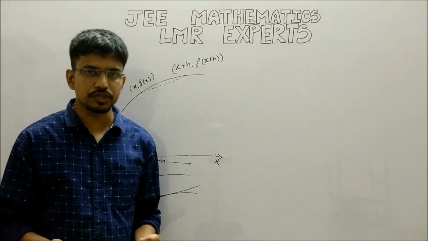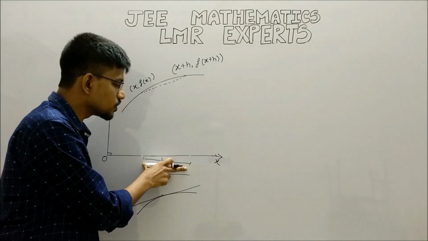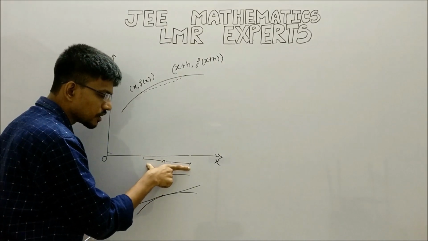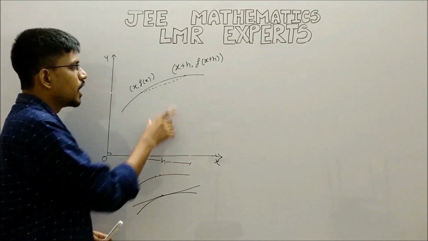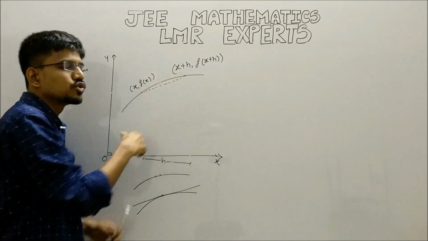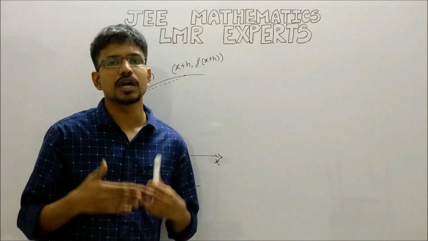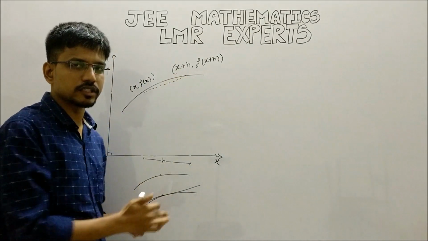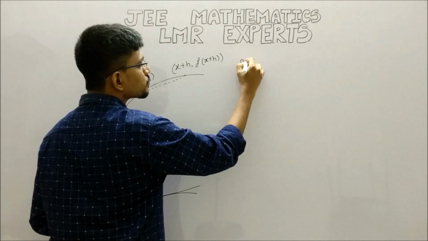Why could I do this? Because the increment h, I made it very small. Now let us assume that this increment h is very small and these 2 points are very close to each other, so that we can treat them as a single point. But in reality, they are 2 different points. Let us try to analyze the slope.